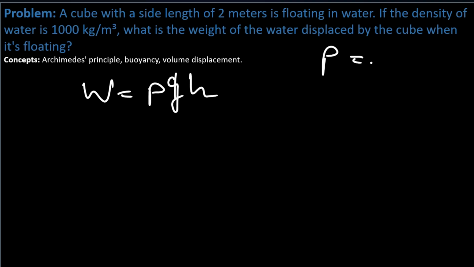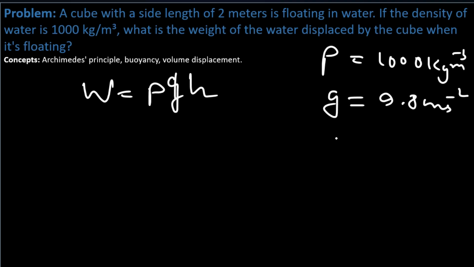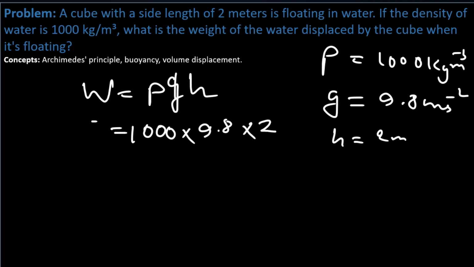So rho equals 1000 kilogram per meter cube, g equals 9.8 meter per second squared, and a equals 2 meter. So we get 1000 times 9.8 times 2 meter. So it's 9800 times 2 Newton meter, or joule. We can convert it as joule.